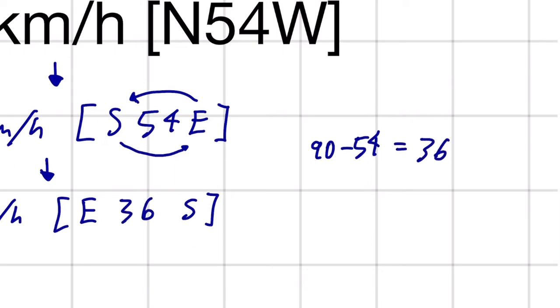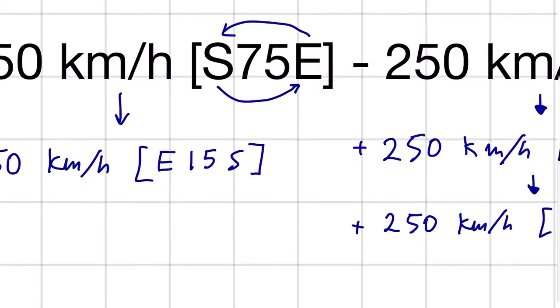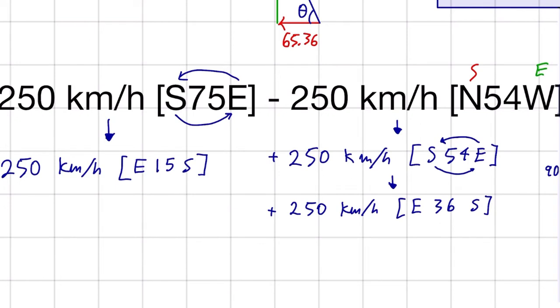So east, 36 south. All right, so let's add up these two vectors now. We have an equivalent vector to what we're given, and then another equivalent vector to what we're given, but we have reformatted them so that we can work with them in this standard procedure.